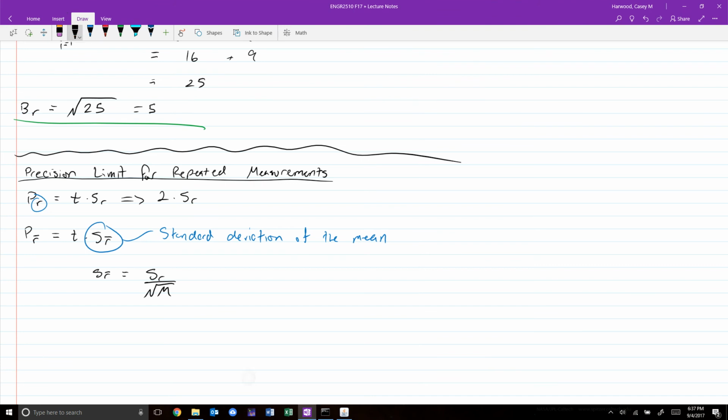Then you go ahead and multiply that by 2. So 2 times S sub R over the square root of M. And that's going to give you your precision limit on R bar.